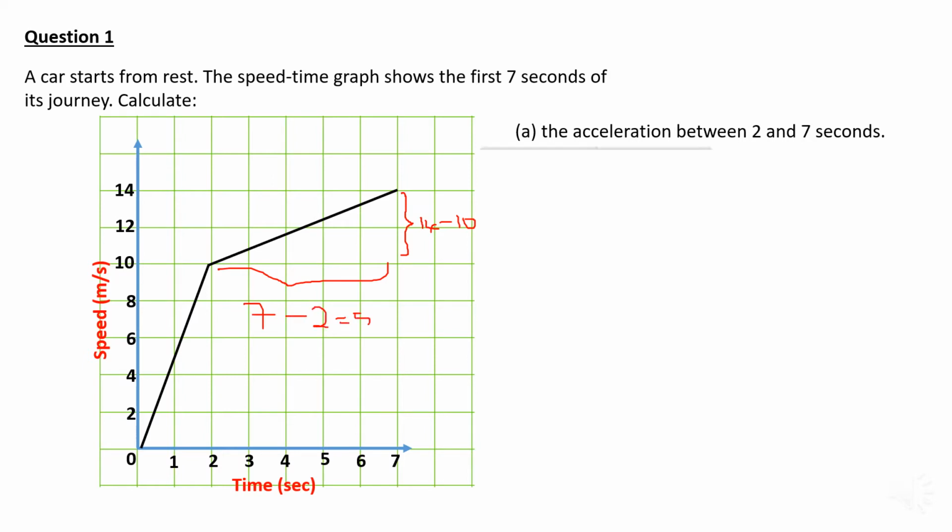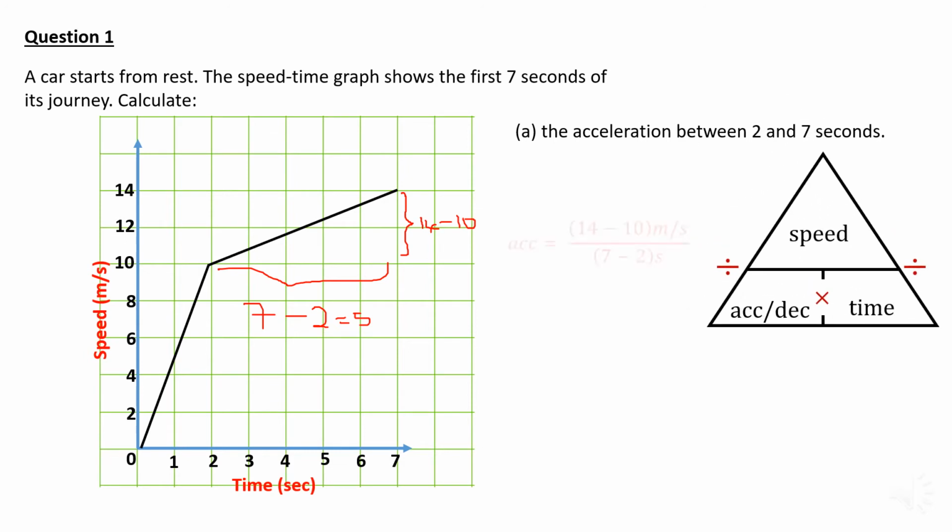So we want to find that acceleration. We then find our answer as the 4 here, which we get from subtracting that, so that is the distance here, divided by 5. So that gives you 0.8 meters per second squared. Remember, we are finding acceleration. When you calculate acceleration, that means you are going to work with meters per second squared.